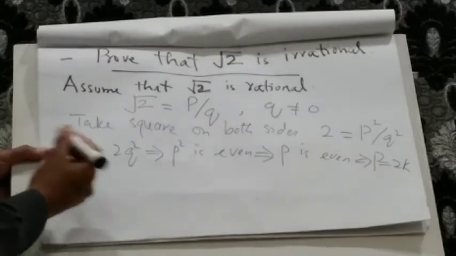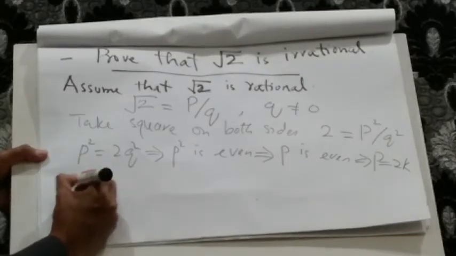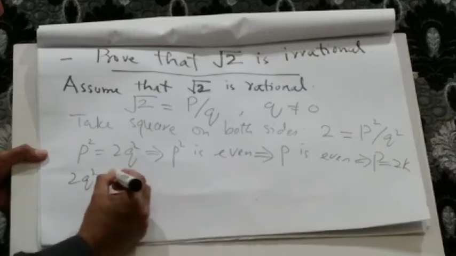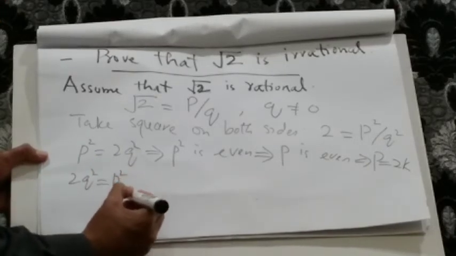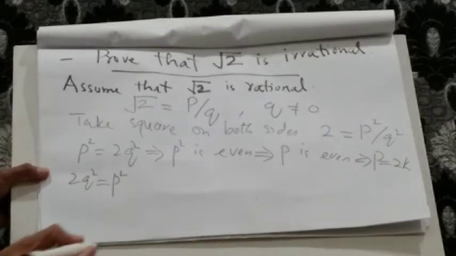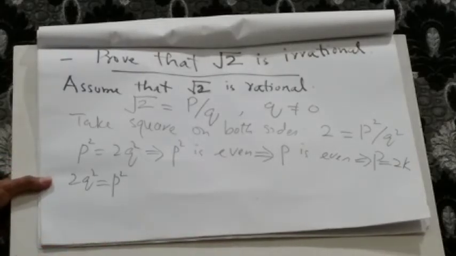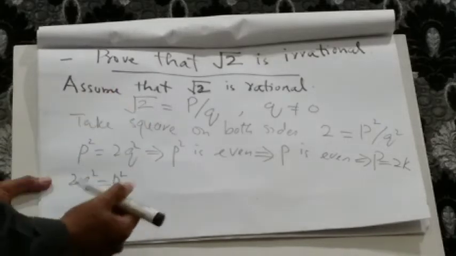On the other side, we can write 2q square as p square, and over here we substitute the value of p square.